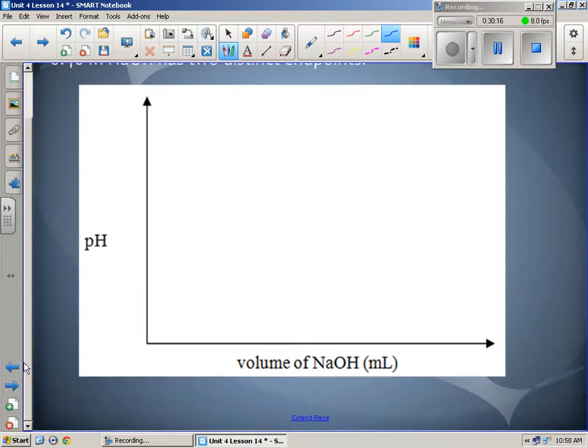Let's draw a graph. What does the graph have to look like? Do I have to worry about exact graphs here? The answer is no, that's not your job. But you do have to understand that this is a polyprotic curve. It kind of starts out like this, sharp rise, like so. Mine's not the best graph, and I don't care.